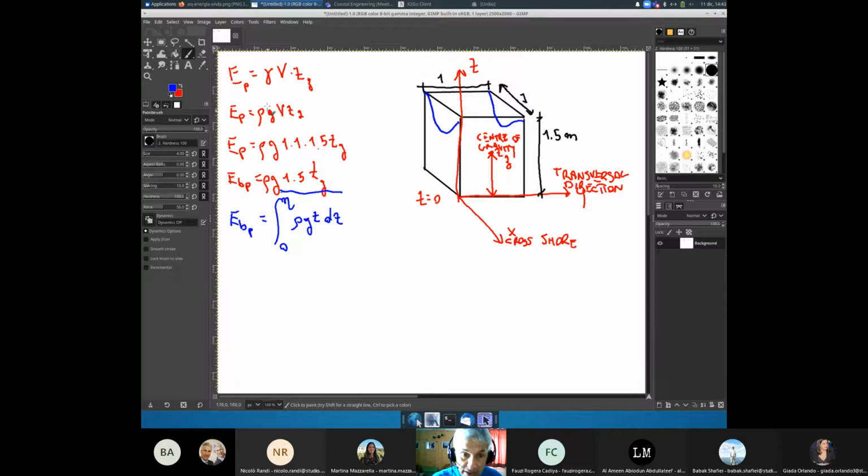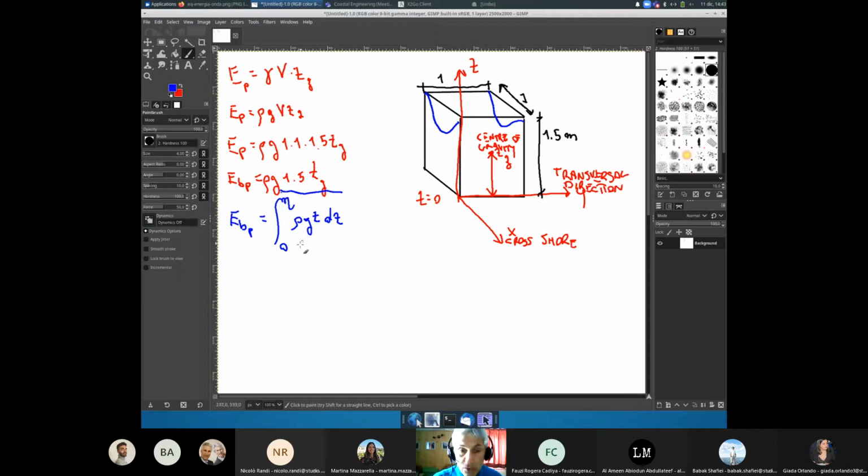Because in the computation of the volume, I'm only considering the height here, which means that I implicitly assume that the dimension of this volume, now given by the sea bottom and the wave crest, the dimension in the transversal direction and in the longitudinal cross-shore direction is 1 meter times 1 meter.